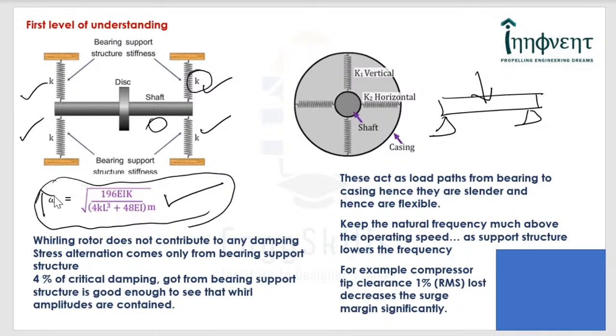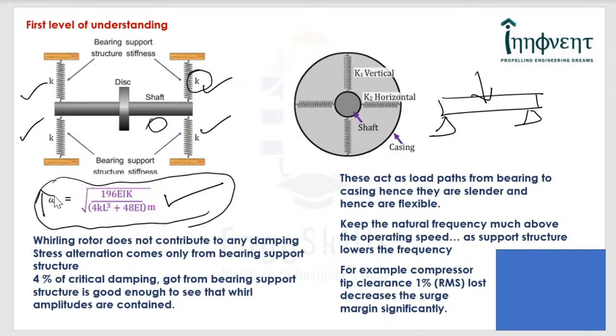Now, especially in gas turbine systems, unlike in automotive systems where you can have viscous damping in the form of shock absorbers, you cannot have that in gas turbine situations.